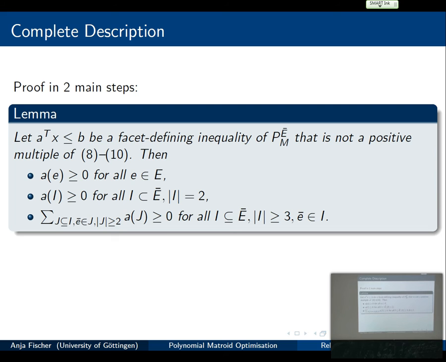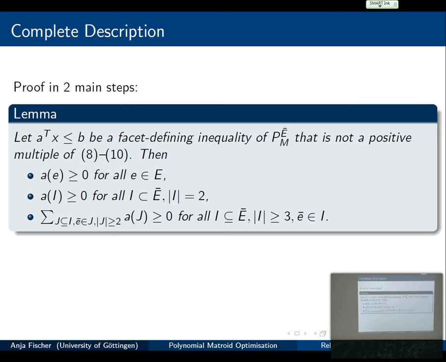We assume that we have a facet-defining inequality of our polytope, and this should not be a positive multiple of our linearization constraints. Then we first prove, and that's the same as in the Matroid case, that all the coefficients of our linear terms are non-negative. Then we show the same for the quadratic terms.